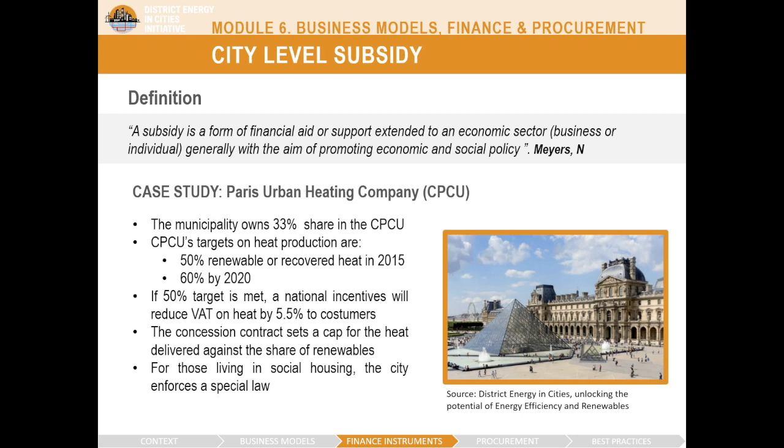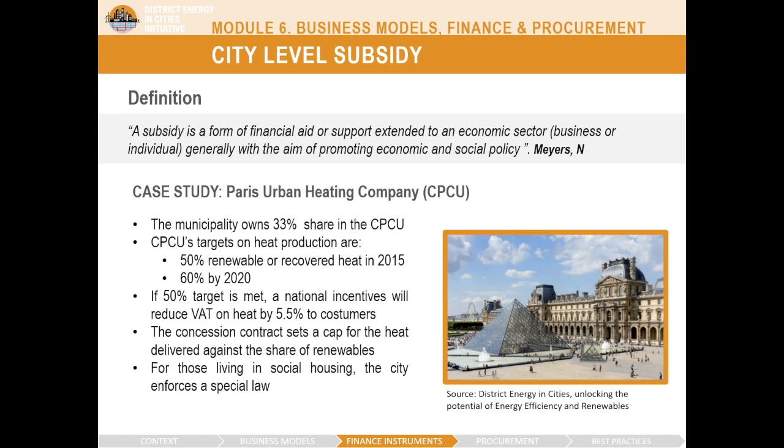An example for city-level subsidy best case practice is Paris Urban Heating Company (CPCU). In this case, the municipality owns a 33% share in the CPCU. CPCU's targets on heat production are to reach 50% renewable or recovered heat in 2015 and increase it to 60% by 2020.